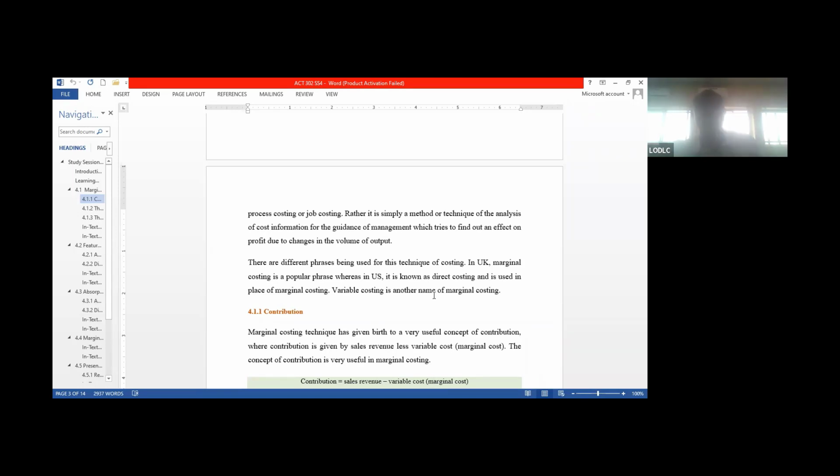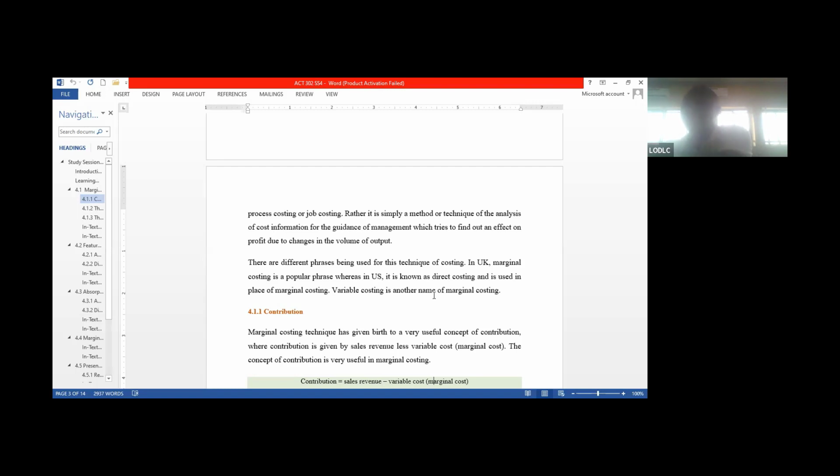Contribution is just the sales revenue minus variable cost. That is the revenue or the sales that you make, and you deduct your variable cost from it, and you arrive at the contribution.